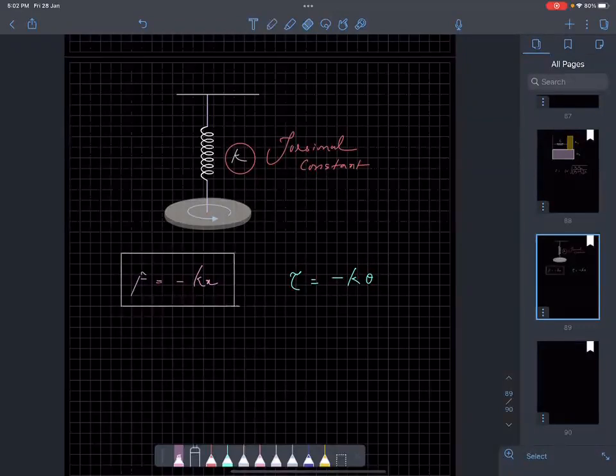And this K and that K need not be the same. They can be different. So instead of K for the first equation, I am writing K dash. Actually, this is called spring constant, and this is called torsional constant.